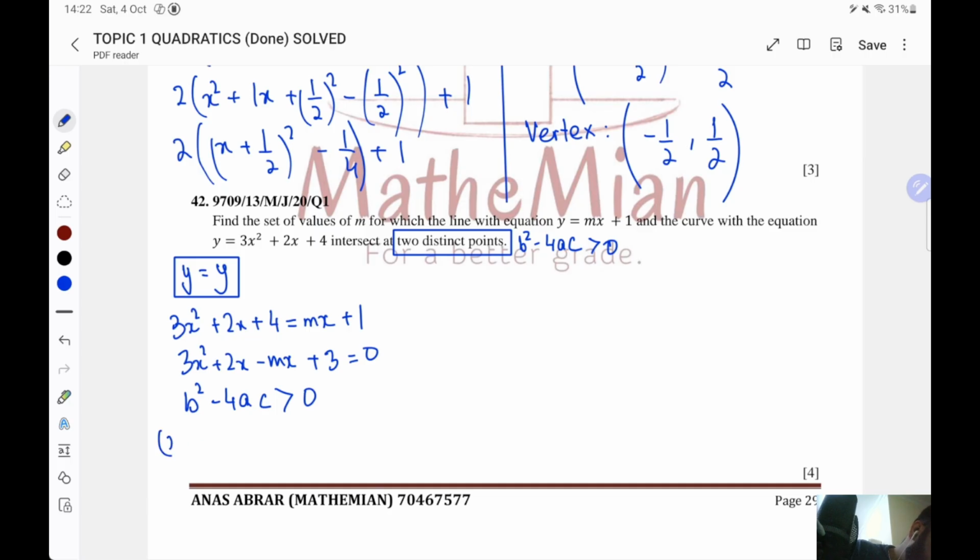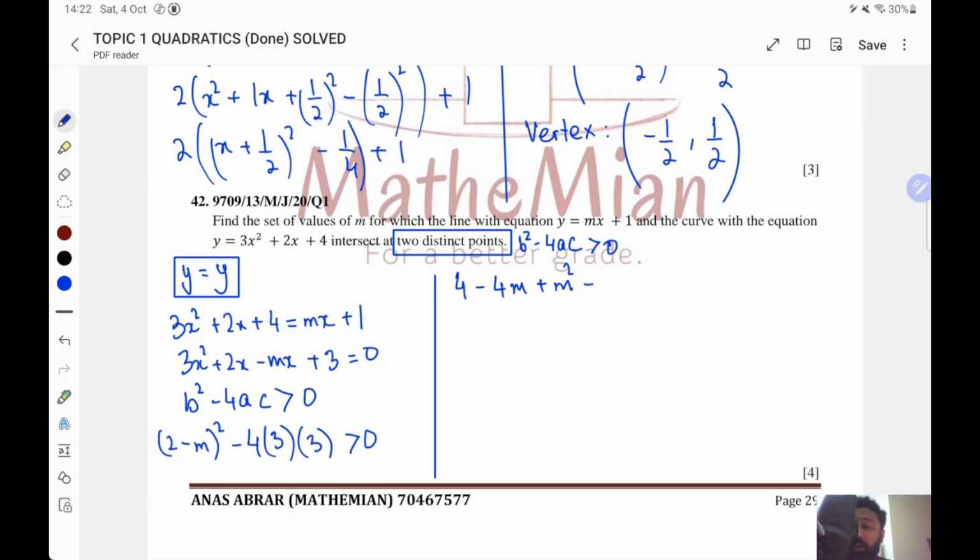We'll put it in the discriminant: 2 minus m whole square, minus 4 bracket 3 bracket 3, greater than 0. If we expand, it will be 4 minus 4m plus m square, minus 36 greater than 0. So m square minus 4m minus 32 is greater than 0.